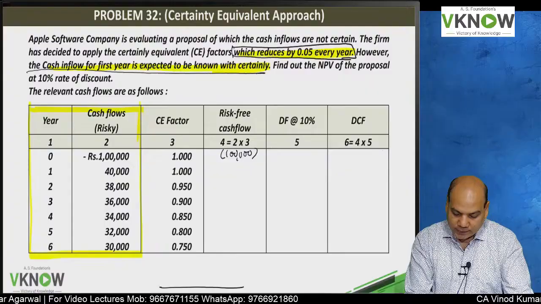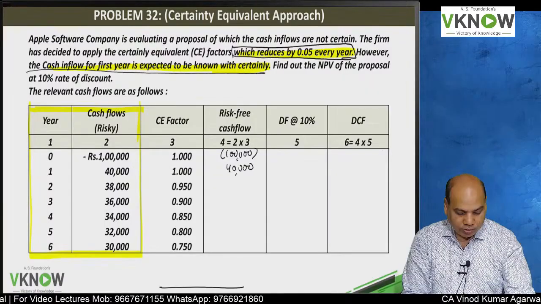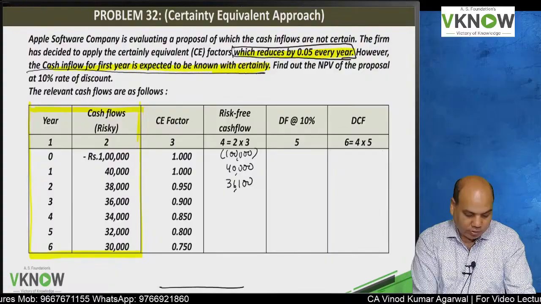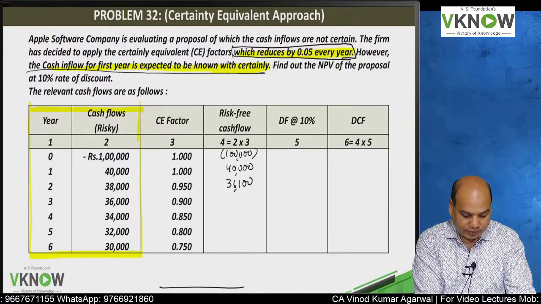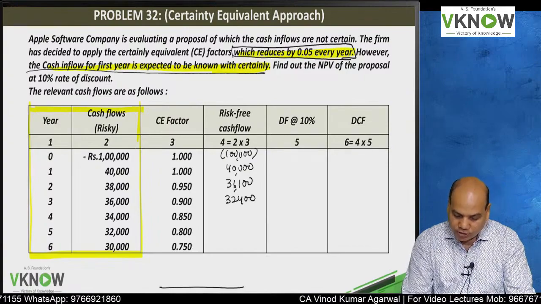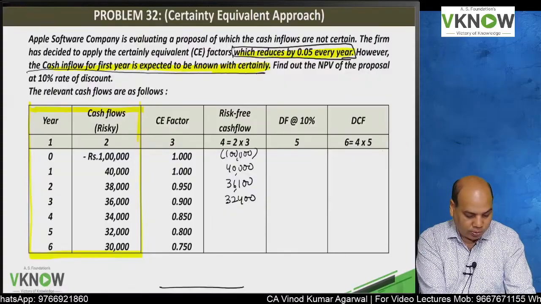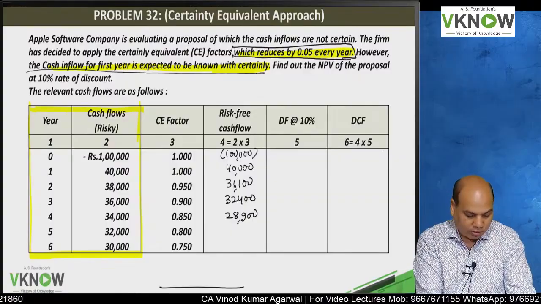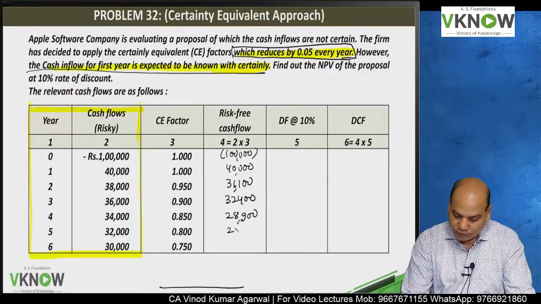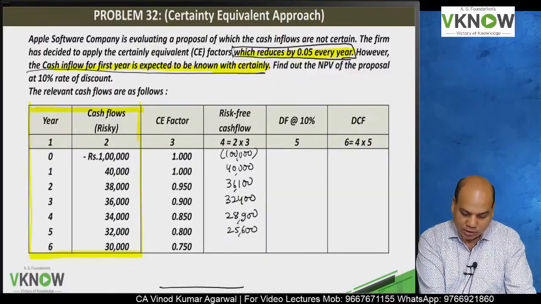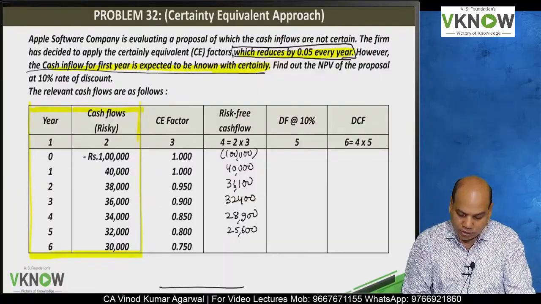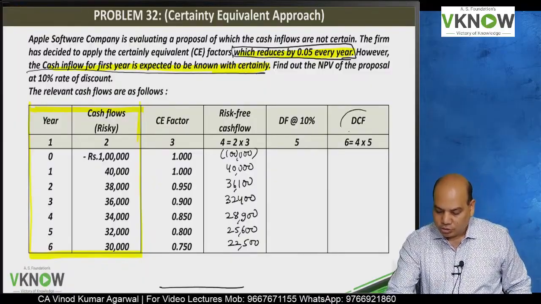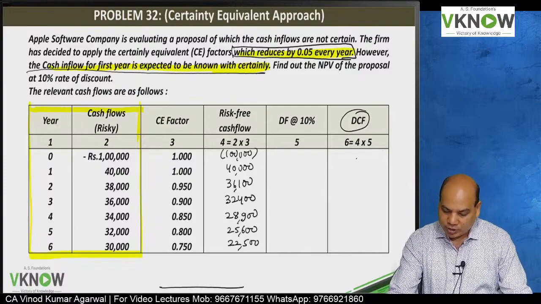Okay, 40,000 into 1, 38,000 into 0.95 is 36,100, then 36,000 into 0.9 is 32,400, 34,000 into 0.85 is 28,900, 32,000 into 0.8 is 25,600, and 30,000 into 0.75 is 22,500.